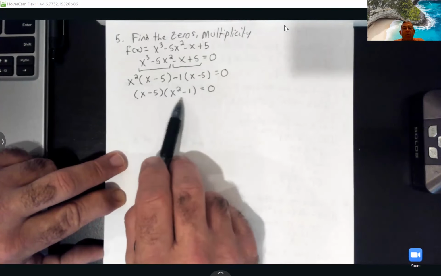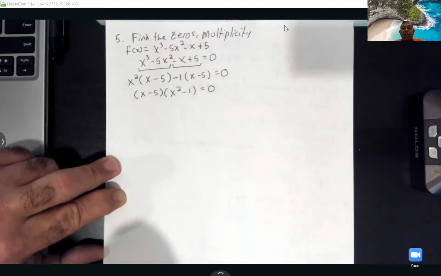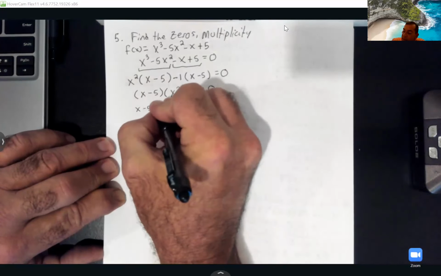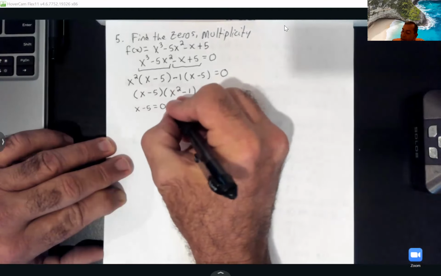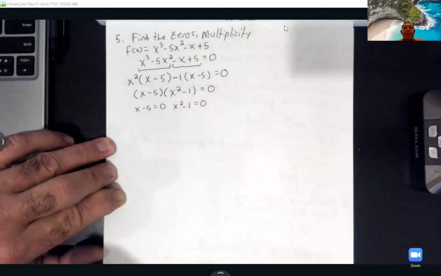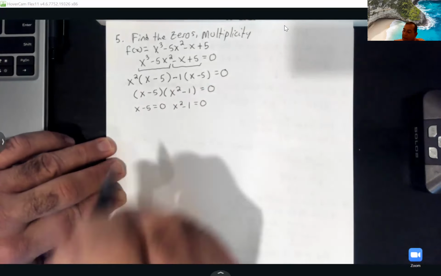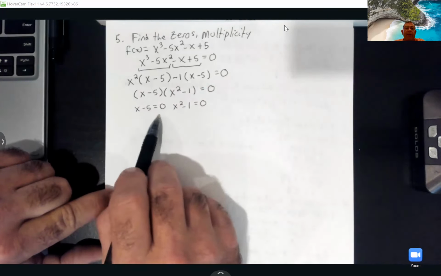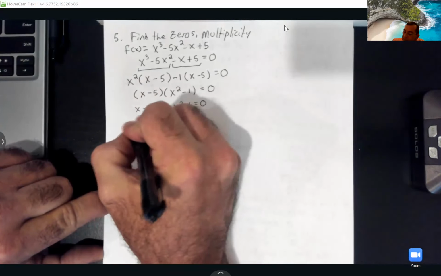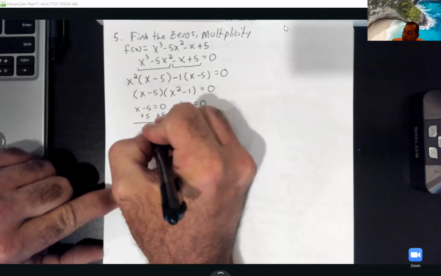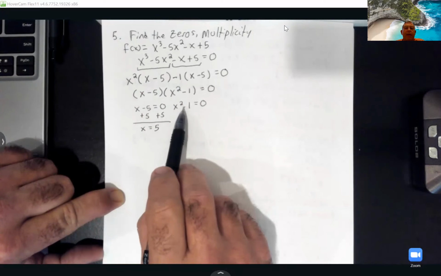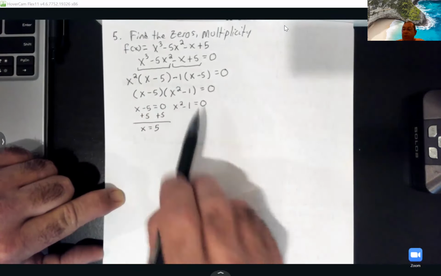So now we'll solve each of these factors for the zeros. So I'll set the x minus 5 equal to 0. And then I'll set that x squared minus 1 equal to 0. So y'all, for the first one, we'll add 5. And again, x equals 5. The second one, I'm just going to add 1 and do my square roots to it.